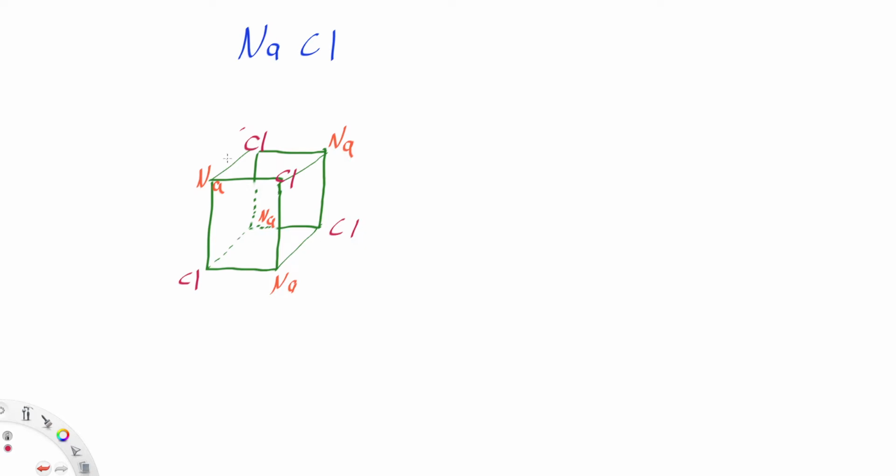Right, so all of these edges on the cube are ionic bonds between chlorine and sodium, and all of the vertices are atom locations. All table salt is like that on the atomic level.